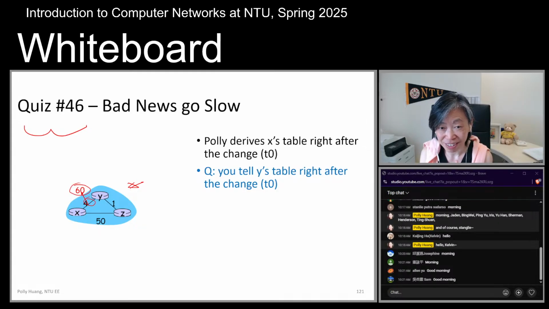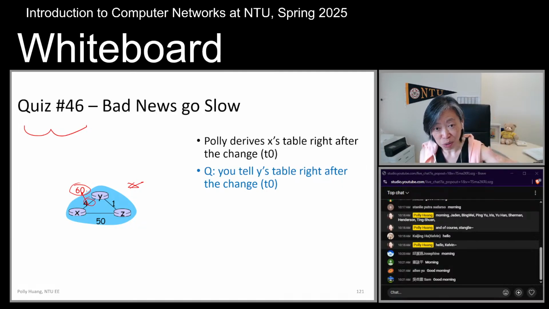Super bad news, right? What happens when the link cost changes like this? If you recall the distance vector routing algorithm, it's an endless loop of three steps, isn't it? Collect distance vectors from the neighbors, reapply the Bellman-Ford equation, and if something new is discovered in the distance vector, propagate it further.